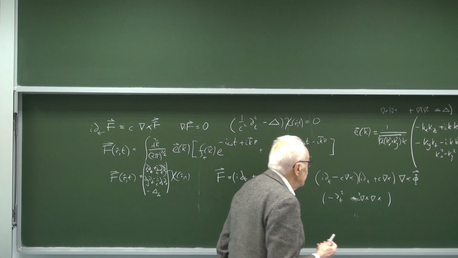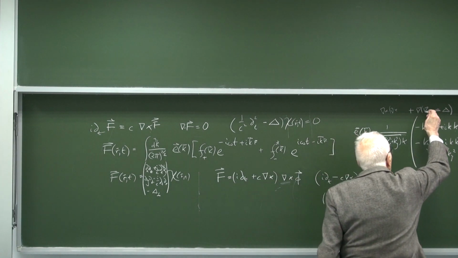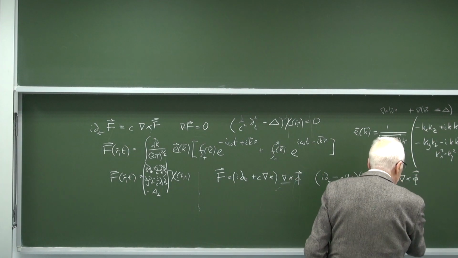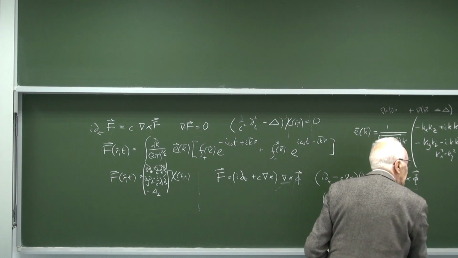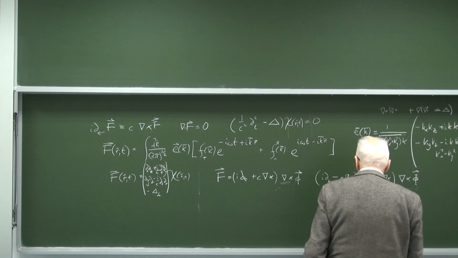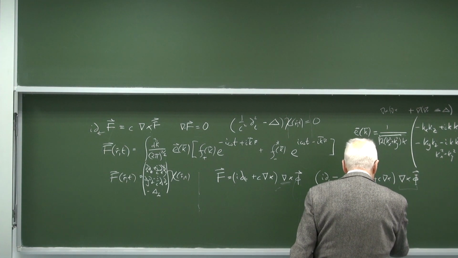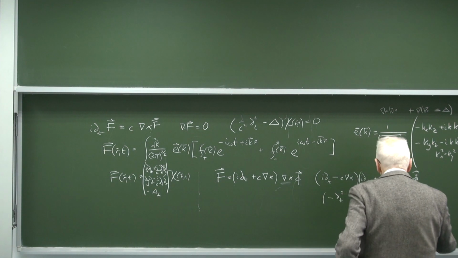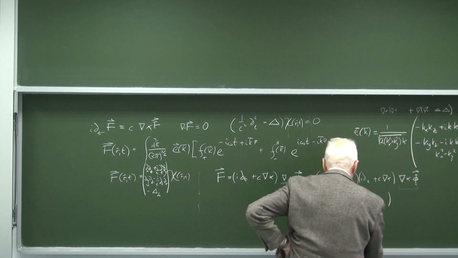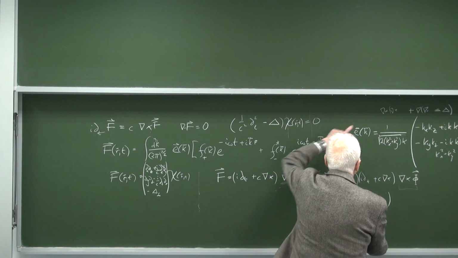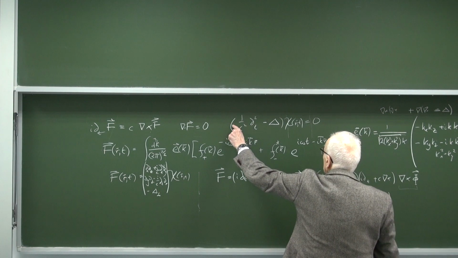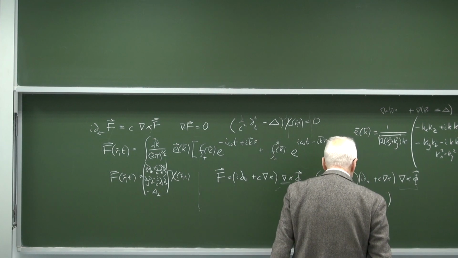And this part will not contribute because the divergence of a curl is 0. So we are left here only with the Laplacian coming from here. And the net result is that we have the wave operator.